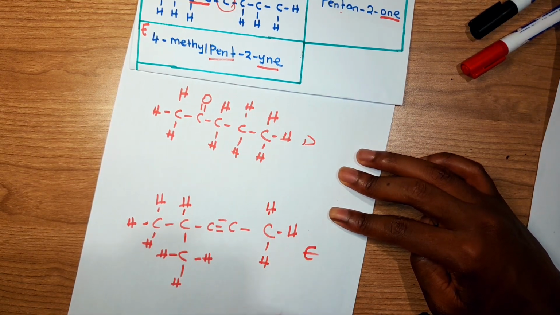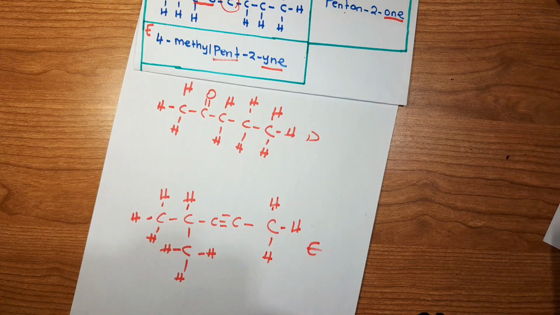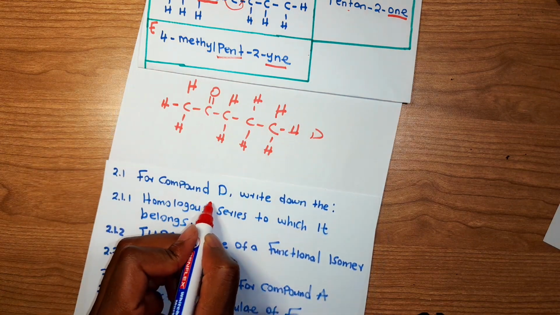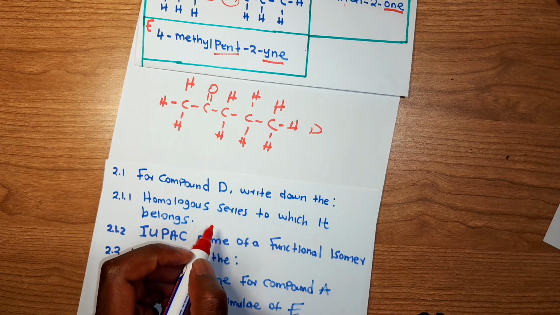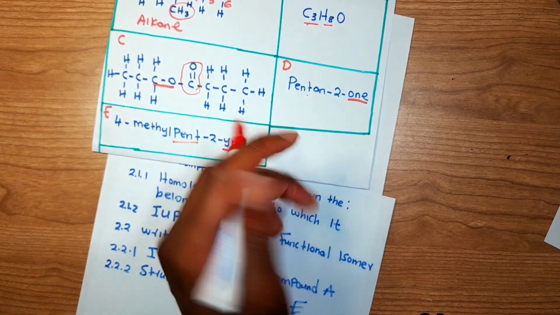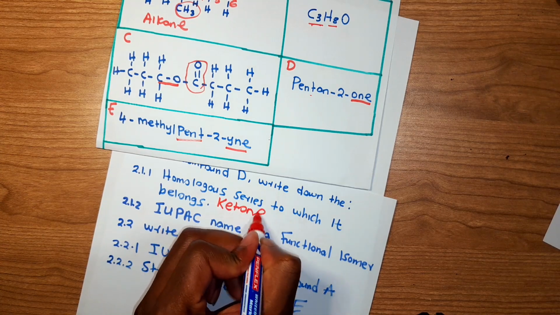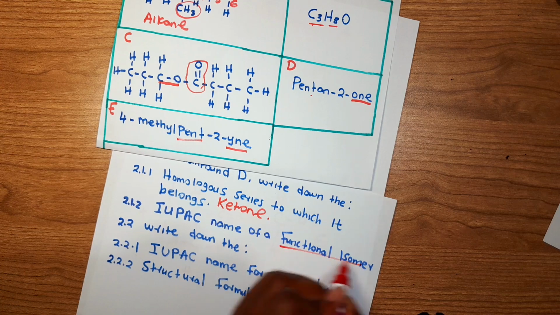This is E. So after doing this in your exam, let me just remove this and go into the questions. The questions say, for compound D, write down the homologous series to which it belongs. We've already said that compound D is a ketone, right? Next, the IUPAC name of a functional isomer.